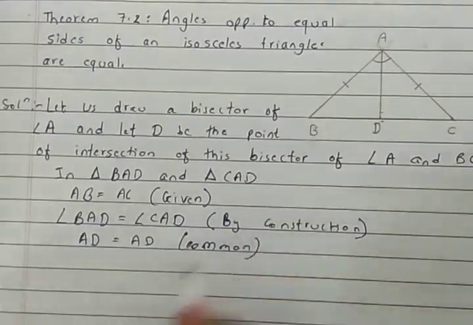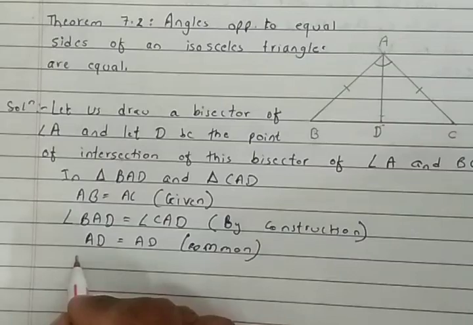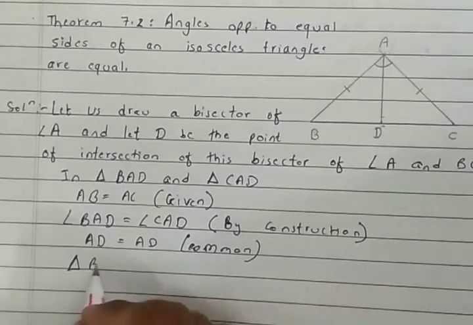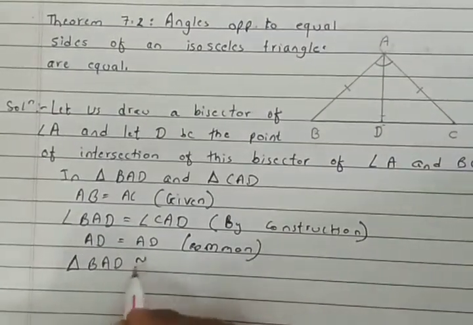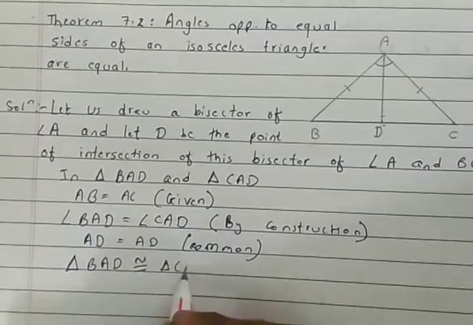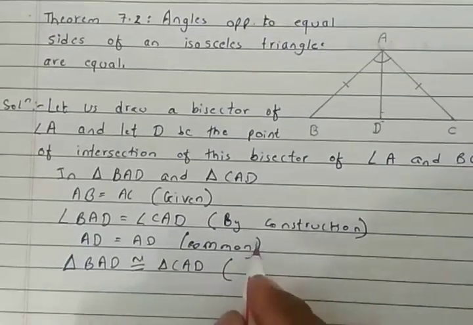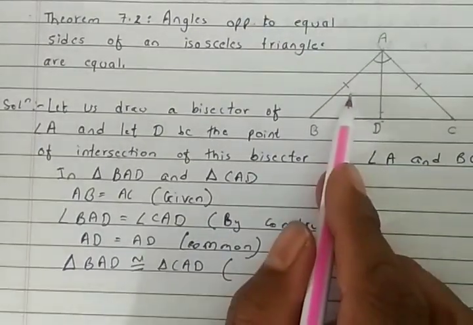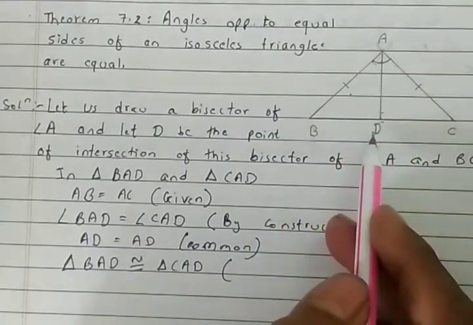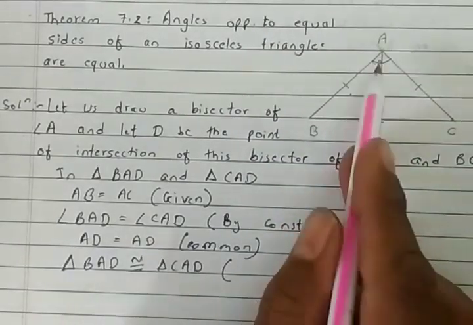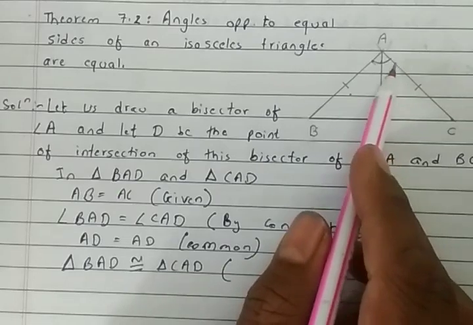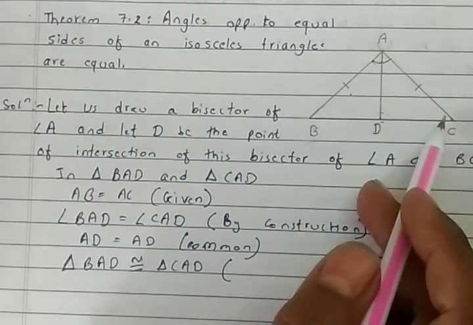Now you can prove that triangle BAD is congruent to triangle CAD by which rule? Side, angle and side rule, right? This is common, and AB is equal to AC is given.